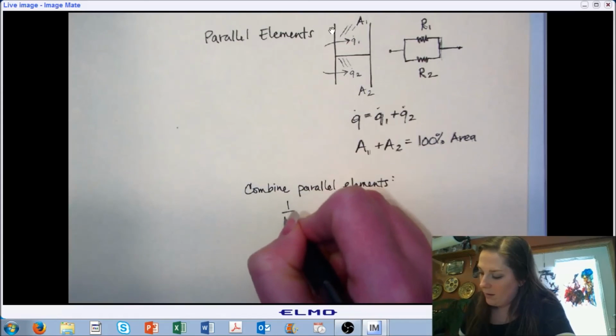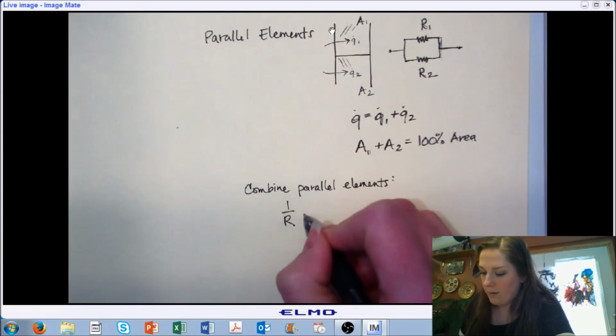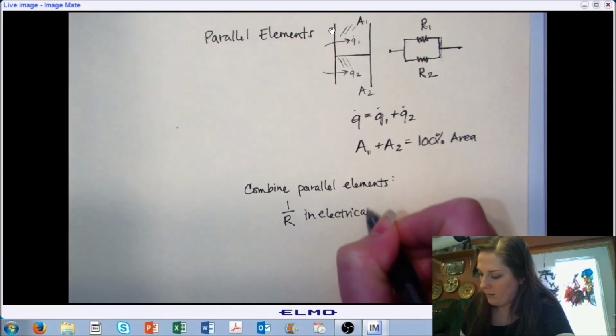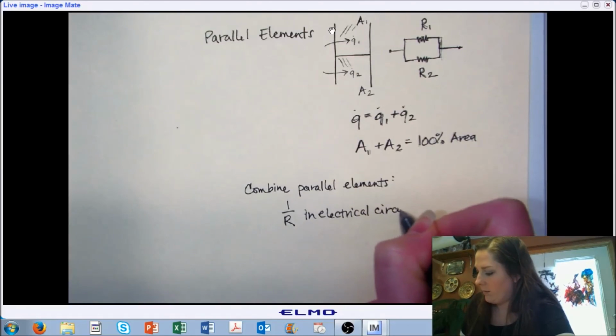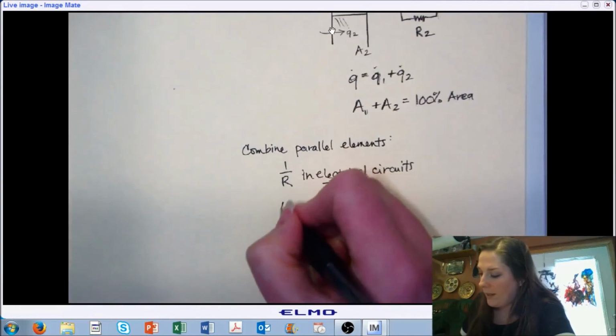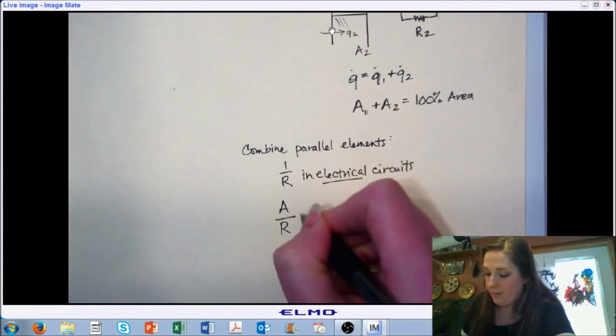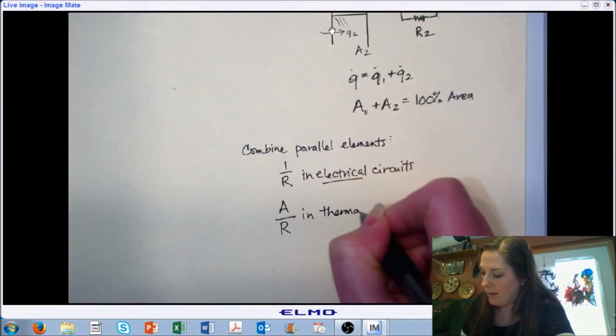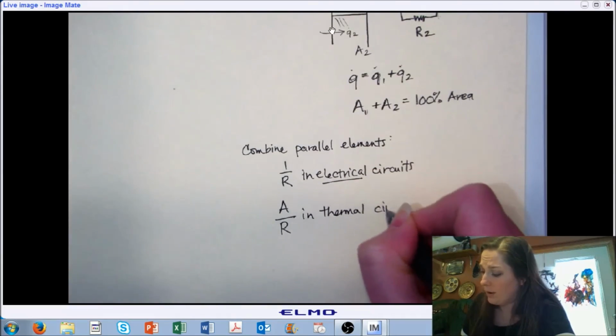Okay, and your areas add up to the total surface area that you're working with. So when we want to combine these parallel elements into an overall R, in electronic circuits, it's 1 over R. But in thermal circuits, it's proportional to the area, okay? So this is a key difference that you'll want to note when you're combining into an overall thermal resistance.